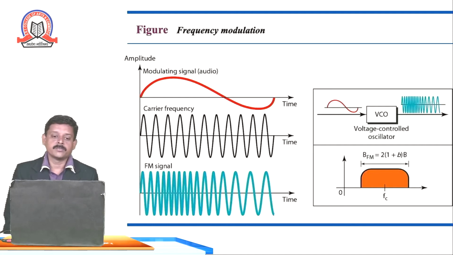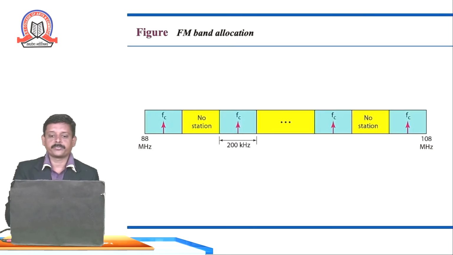analog signals. So for example, FM can be used for sending radio channel signals as well. As you can see, the data has a frequency from 88 megahertz to 108 megahertz, so the frequency lies in between that.